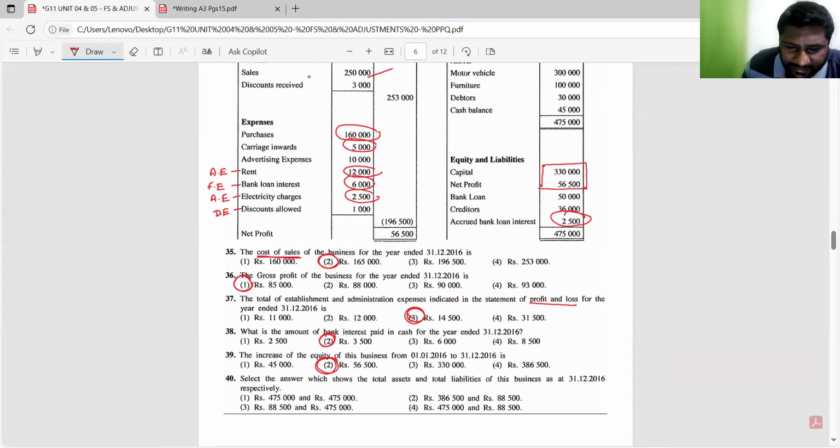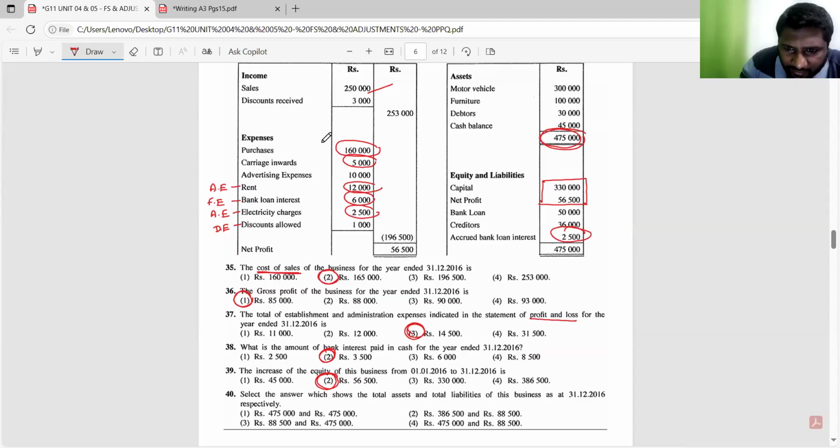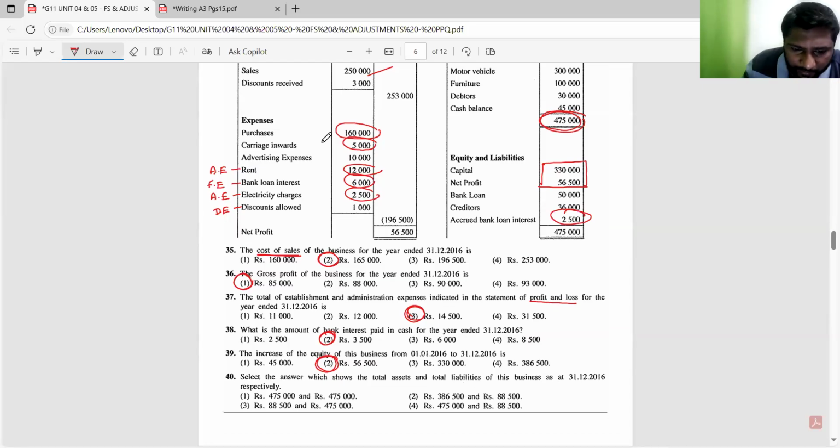Total assets they have directly given as 475,000, so our answer cannot be this one. What's the total liability? Addition of these three elements.